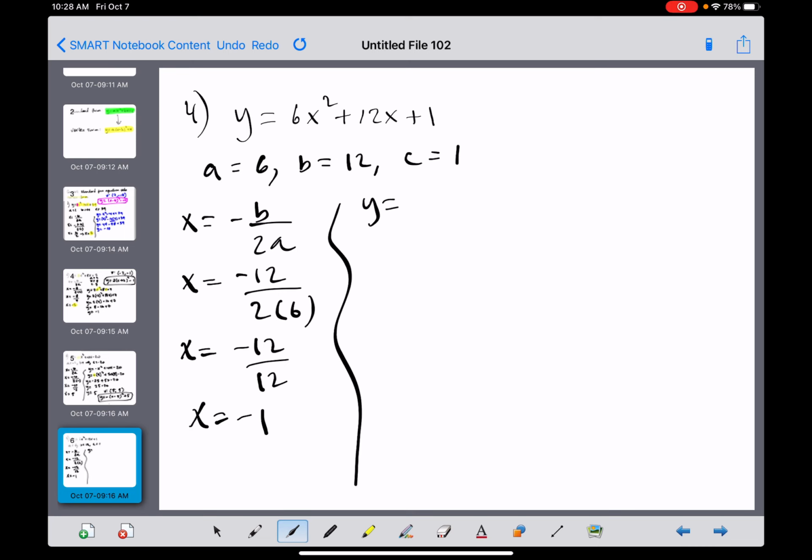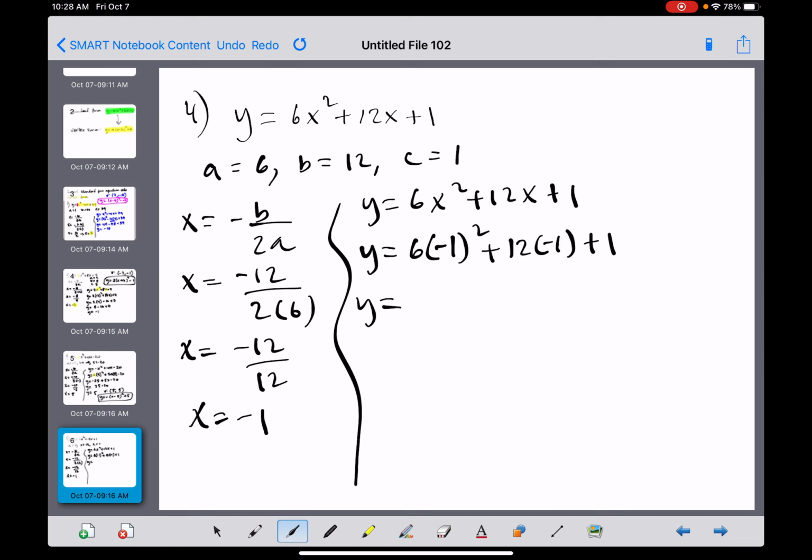So to find y, I use my original equation again and plug it in. So negative 1 squared is 1 times 6 is 6 minus 12 plus 1.